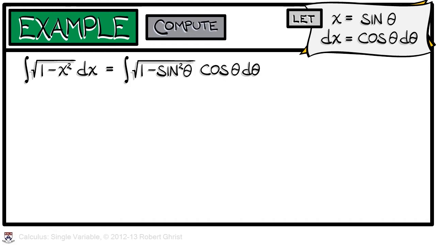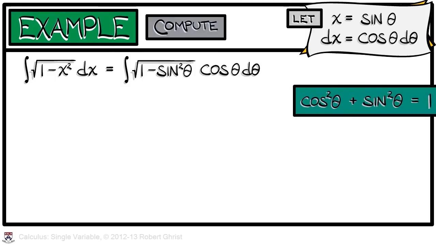And now we see why this is the right choice for x, because using the fact that sine squared plus cosine squared equals 1, we can replace 1 minus sine squared with cosine squared, hence eliminating the square root to yield the integral of cosine squared.